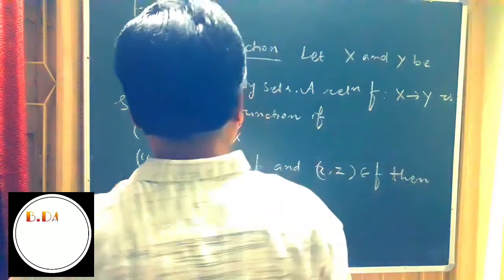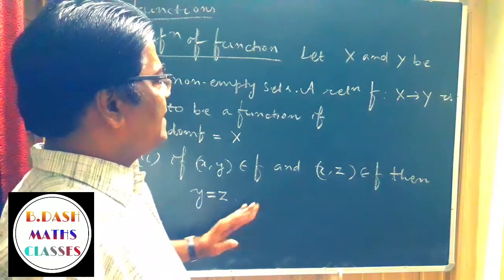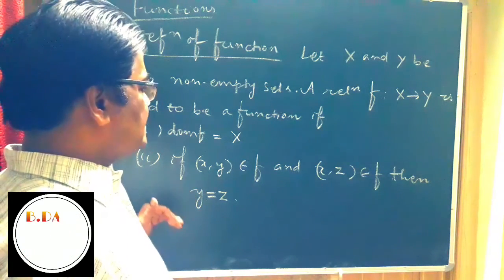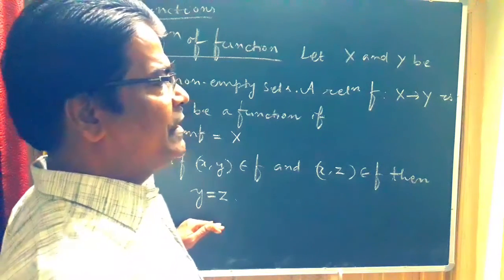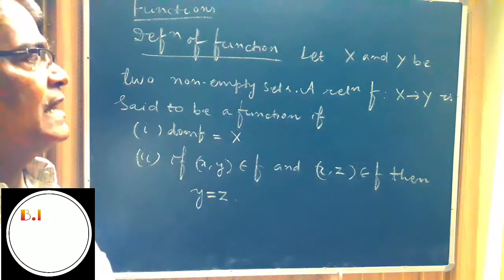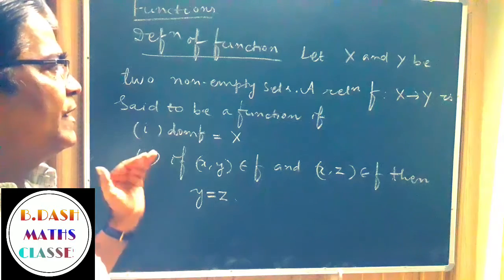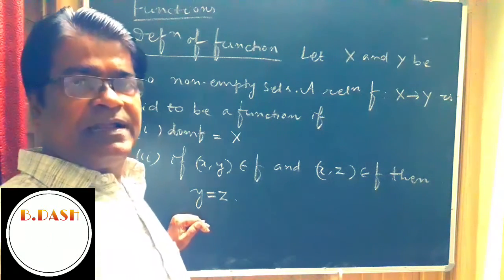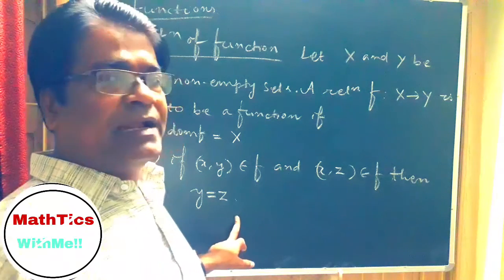Next, if (x, y) belongs to this function, (x, z) belongs to this function, then we can say y is equal to z. It means a single element from first set cannot have more than one image from the second set.